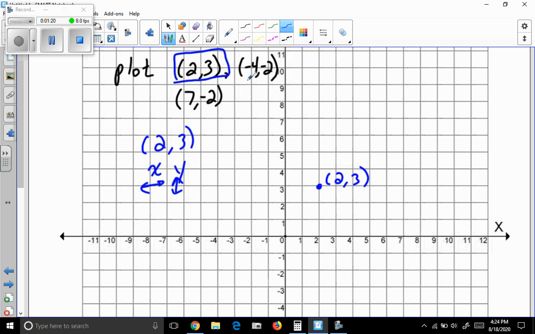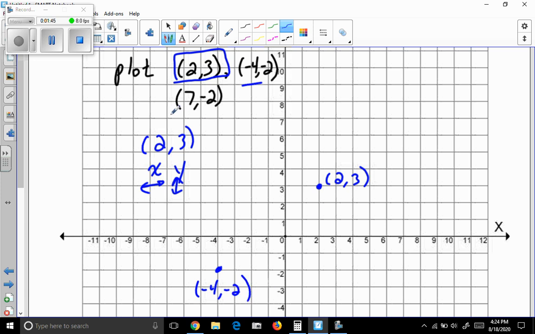To graph (-4, -2), starting in the middle at the origin, in the X direction, we go -4, so 1, 2, 3, 4. And in the Y direction, we go -2, so negative in the Y direction would be down. So down 1, 2. So that's to the left 4, down 2.